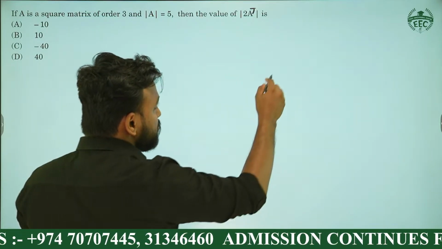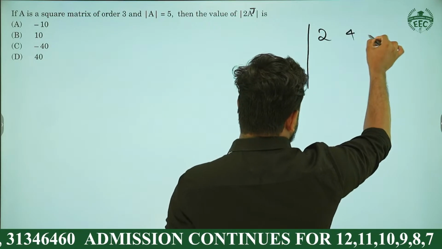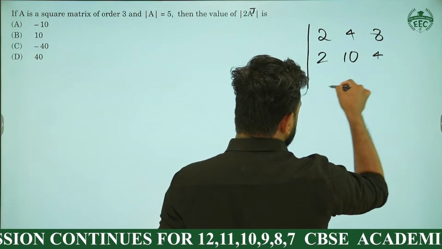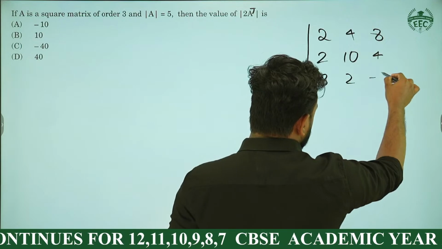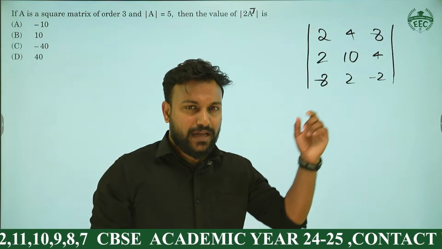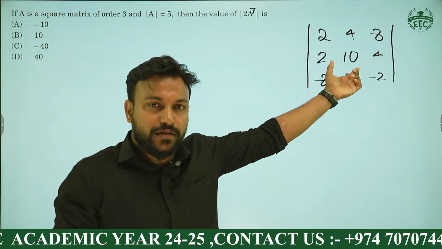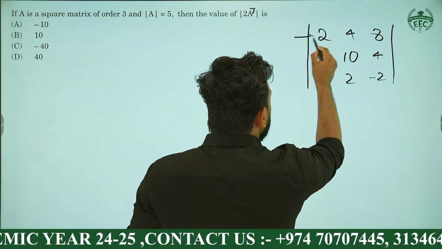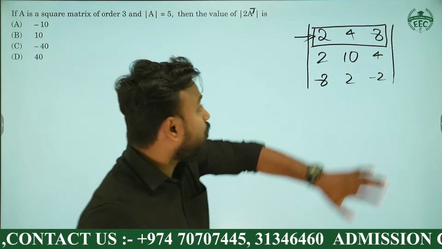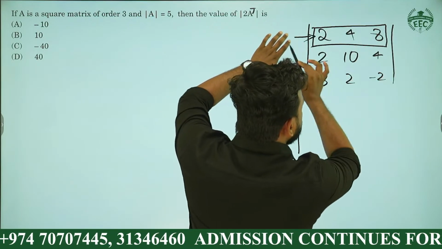Listen, here I am going to teach you something. Suppose there is a determinant with rows 2, 4, 8; 2, 10, 4; 8, 2, minus 2. If you want to take a number 2 out from this determinant, you are not allowed to take 2 from all the elements, only from a single row or single column.